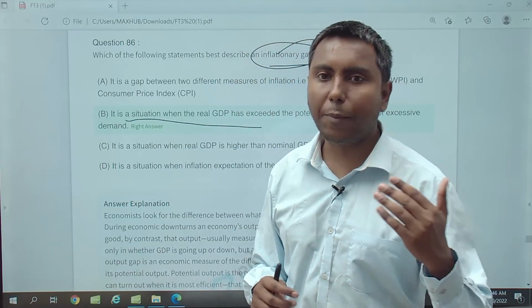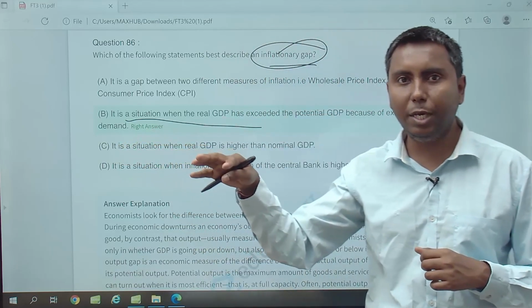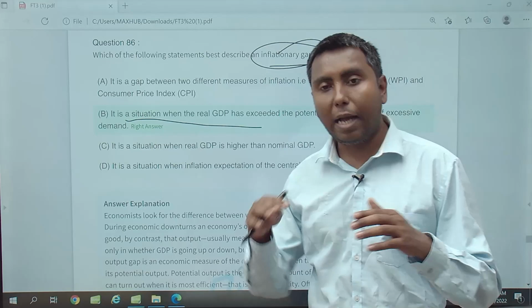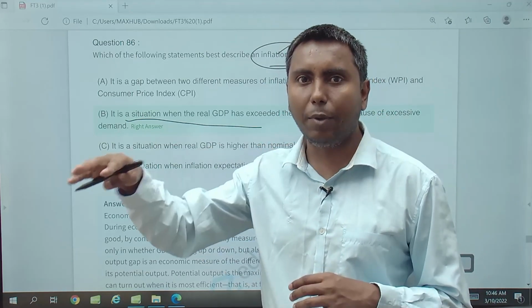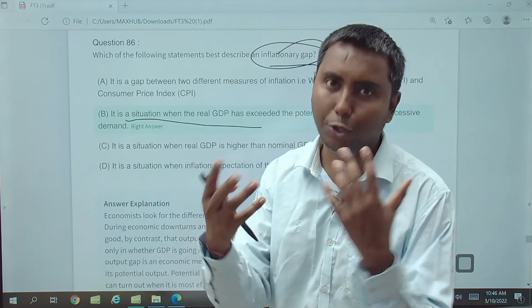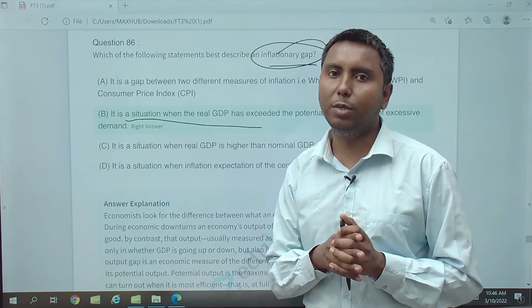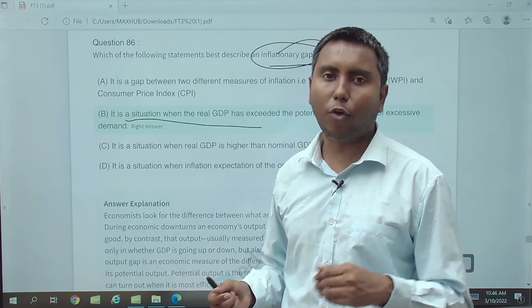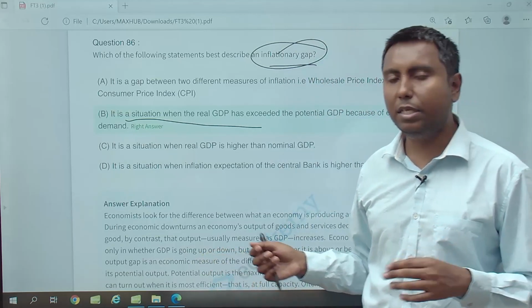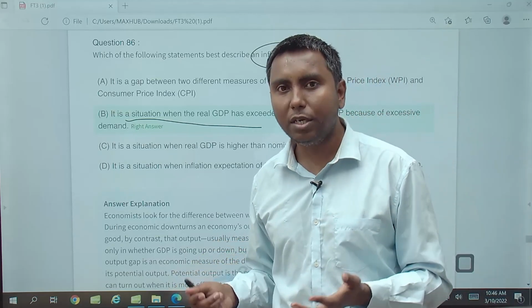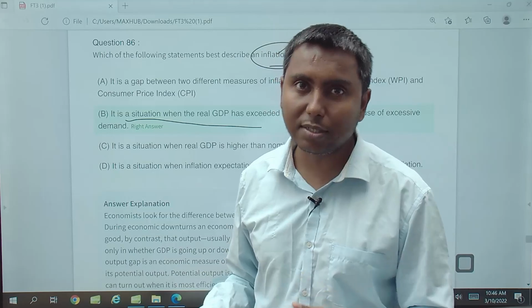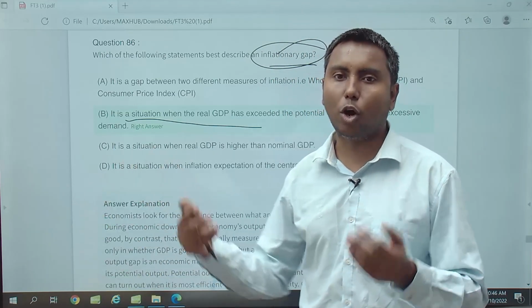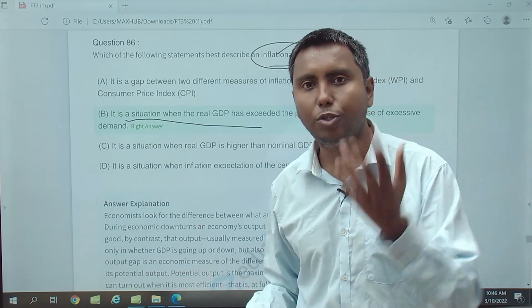What happens is that there is a potential level of GDP, and that means that is a sustainable level at which the economy can produce. That is potential GDP. But if there is a sudden increase in demand, for example, because of increased expenditure by the government, then to fulfill that demand, suddenly the companies, corporates, will start producing more.